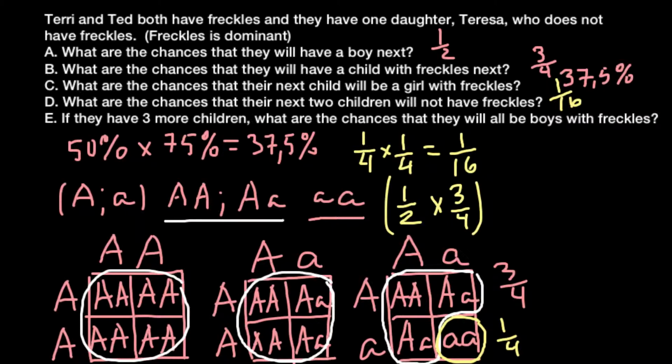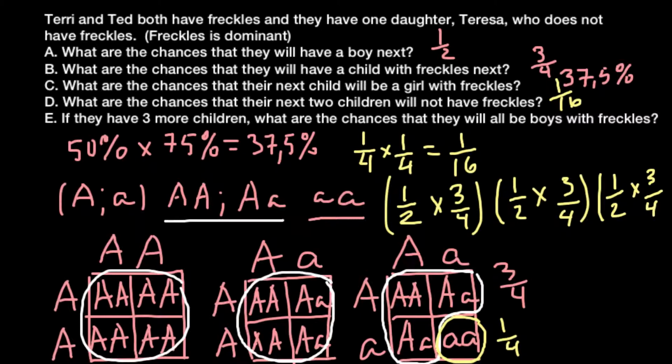And once again, what are the chances that the third child would be a boy? This would be 1/2. And what are the chances that he would have freckles? This would be 3/4. The same rule applies to the next child: the probability that he is a boy would be 1/2, and the probability that he would have freckles would be 3/4.